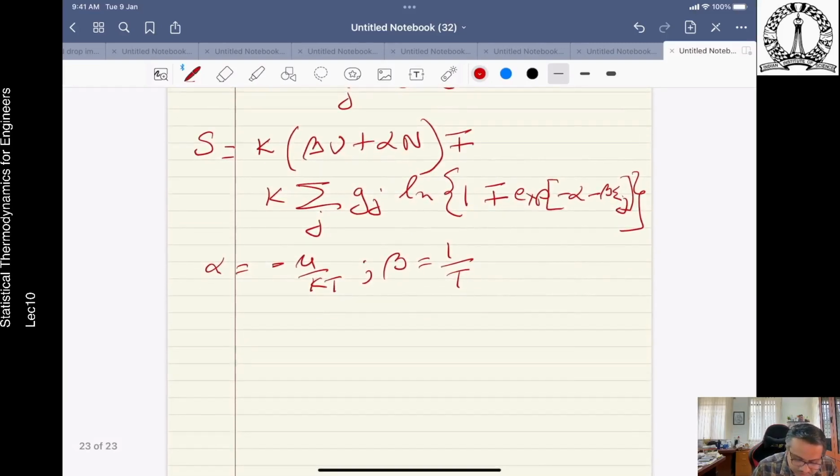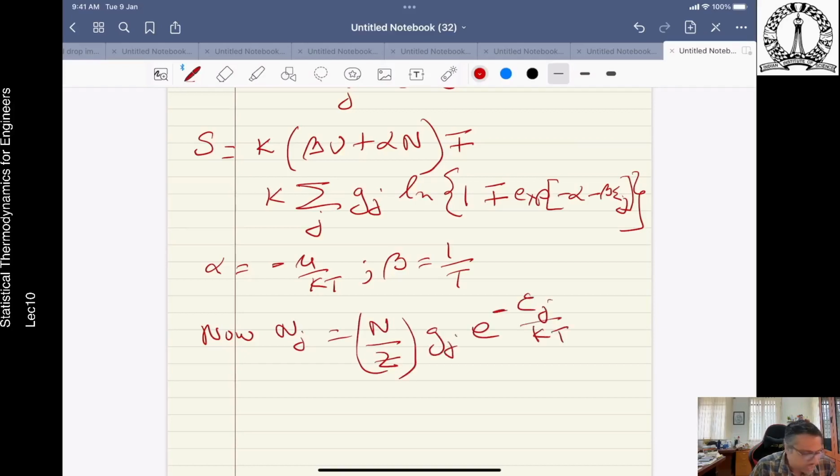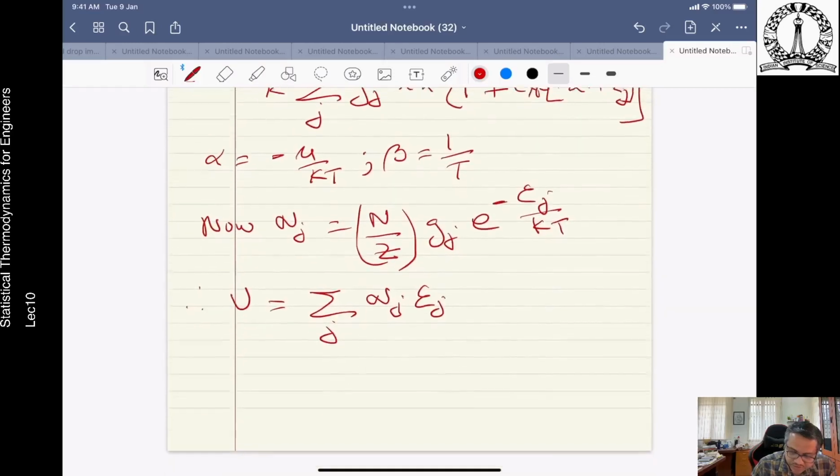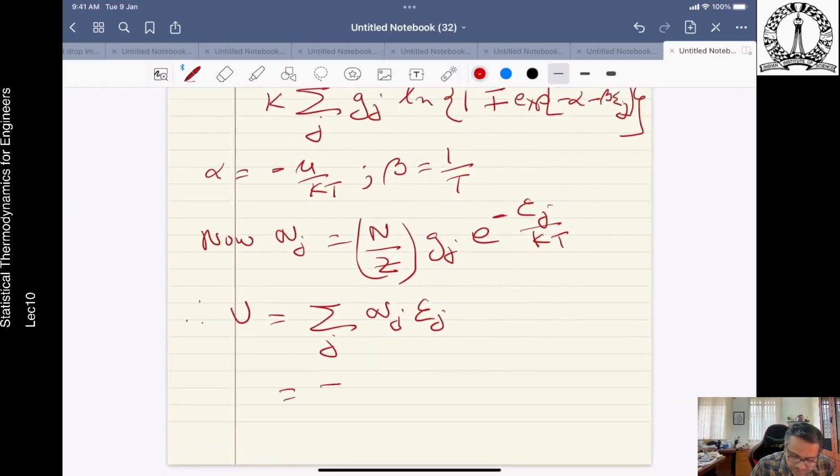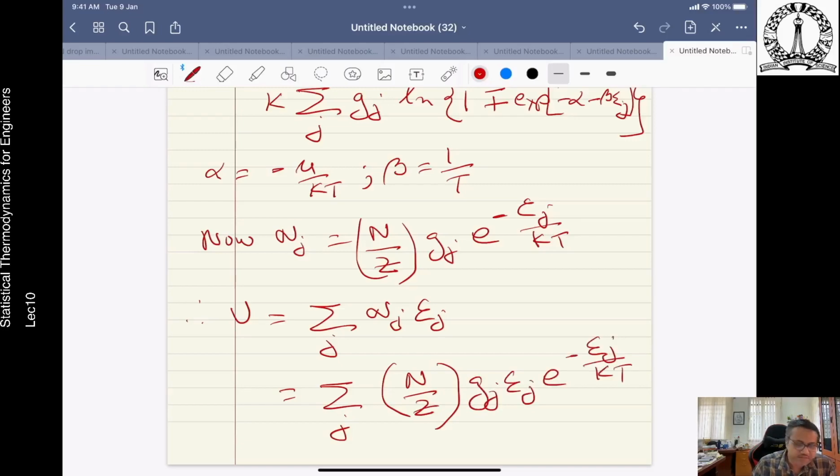Now, Nj is equal to N by Z times Gj exponential minus Ej by kT. Therefore U will be equal to the summation over j of Nj Ej. This will be N by Z, where Z is the partition function, times Gj Ej exponential minus Ej by kT.